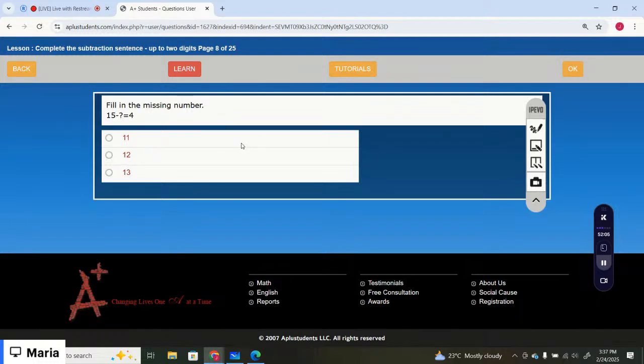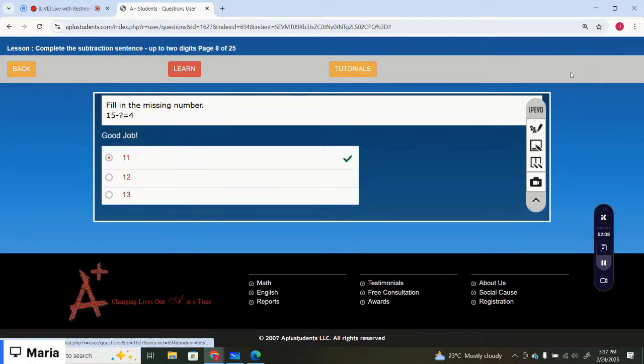Fifteen take away 11 is 4. Option number 1 is the correct option.